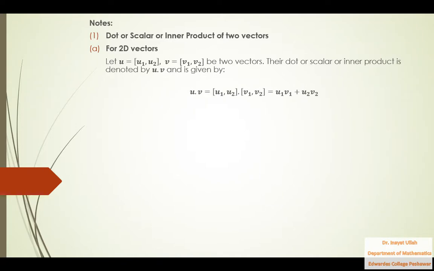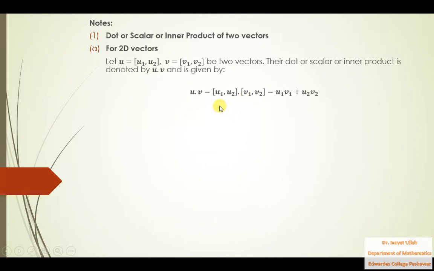So their dot product is denoted by u dot v, and u is actually u1, u2. Then there is a dot between these two vectors. The second vector is v, whose components are v1, v2. So the dot product is actually the sum of the product of corresponding components.